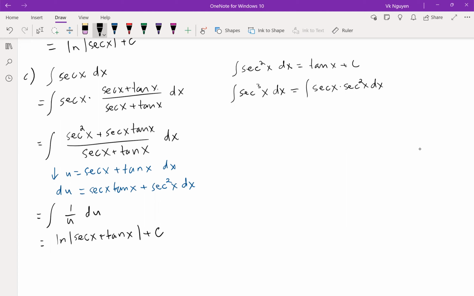The trick here is we use integration by parts. We're going to let this be u, and this one is dv. So du is secant x tangent x dx, and v is tangent x.